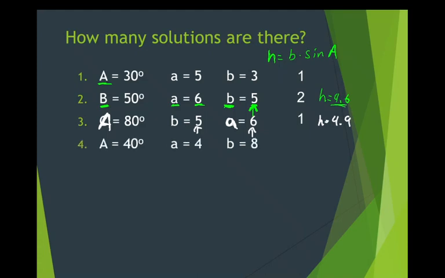Okay, so is this the ambiguous case? Got two sides and an angle. The angle matches one of my sides, so yes. First thing I'm going to do is check my height. So it's going to be 8 times the sine of 40.